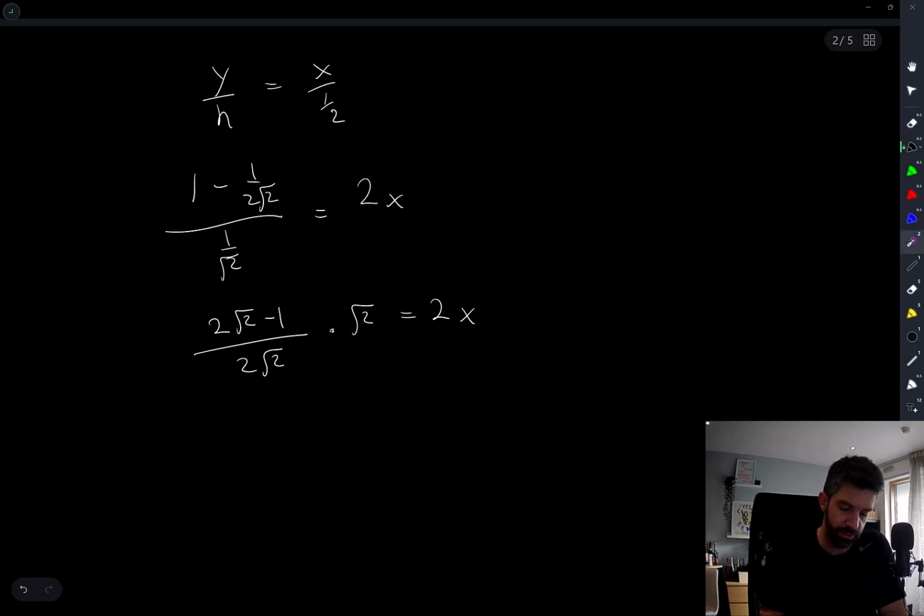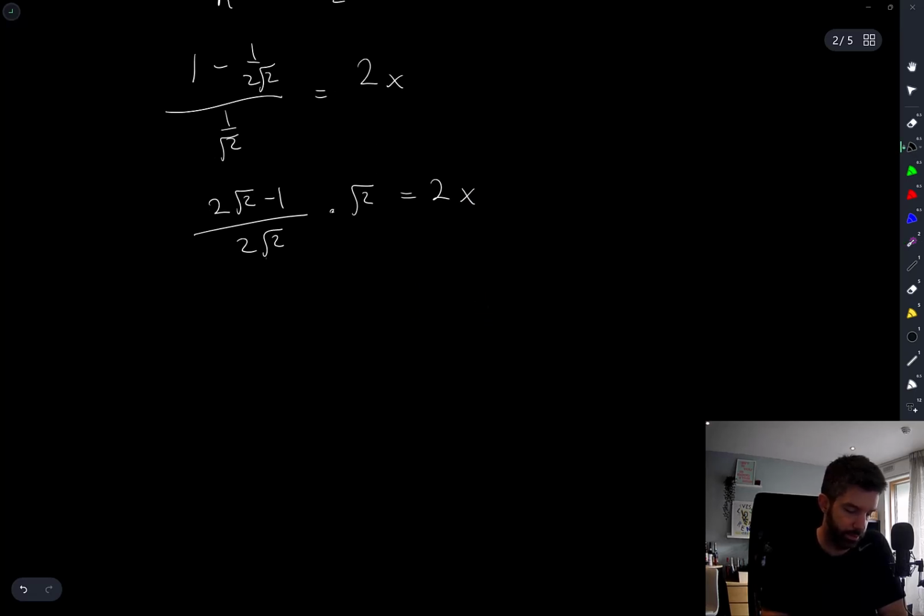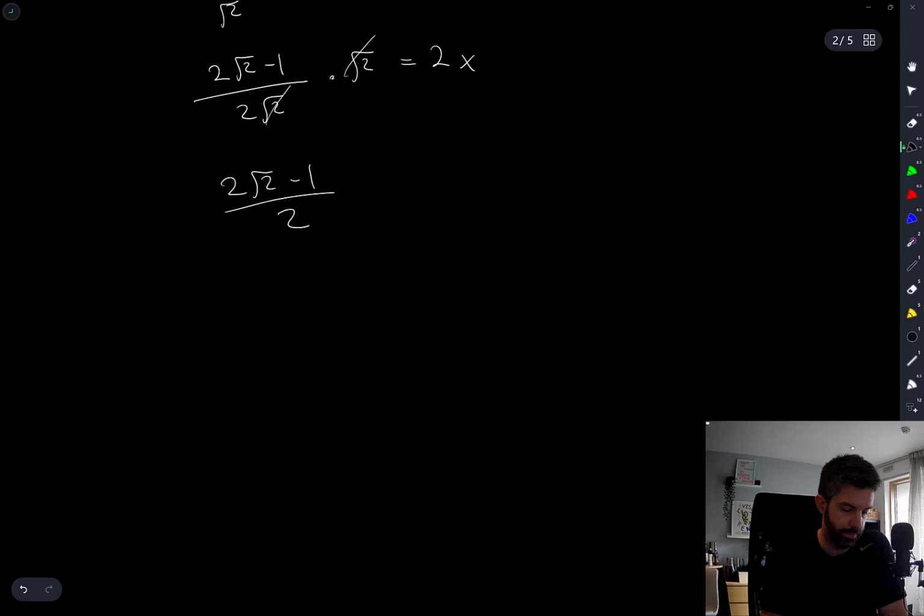Two x is what we actually want to solve for, right? So let's just expand everything we have here. So that cancels. So I have 2 root 2 minus 1 over 2. This does not look promising. This is not one of the answers.